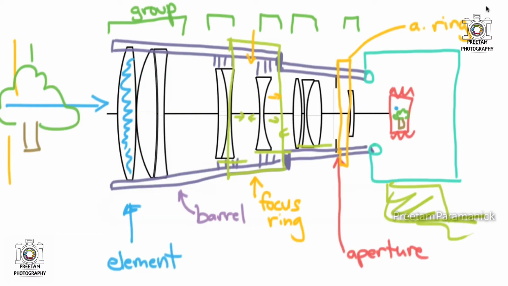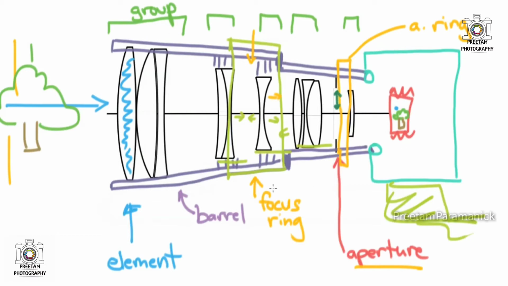So the A stands for aperture, like you see down here. And the aperture is kind of like the shutters on a window. It opens and closes, and we'll talk about aperture more in depth in future lessons, and we've already discussed it in a very broad sense in this course. But the aperture just closes and opens. It's like a big barn door, allowing more or less light into this lens.